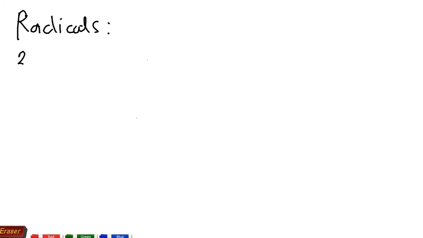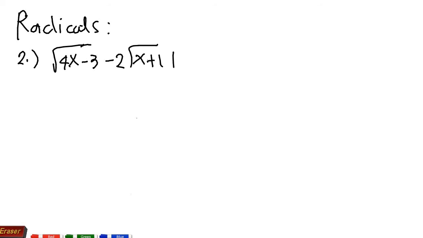Example number 2. So we have the square root of 4x minus 3, and then minus 2 square root of x plus 1 plus 1 is equals to 0.